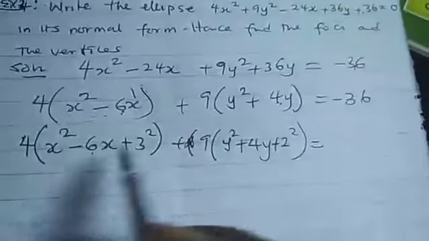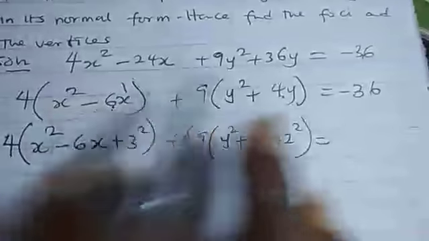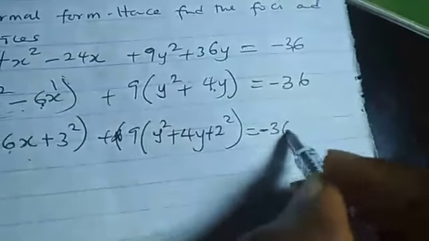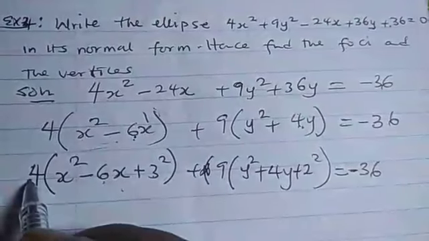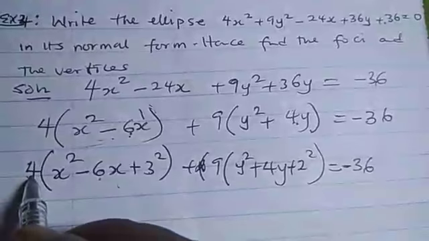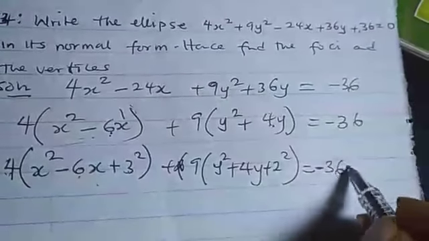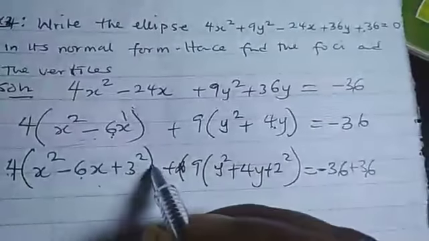And don't forget, whatever you have added to the left hand side, you have to add to the right hand side. What I've added to this side is 3 squared, but there's 4 outside, so it is 3 squared times 4, that is 36.